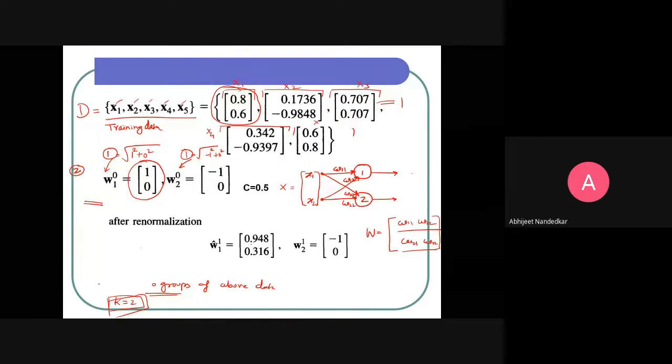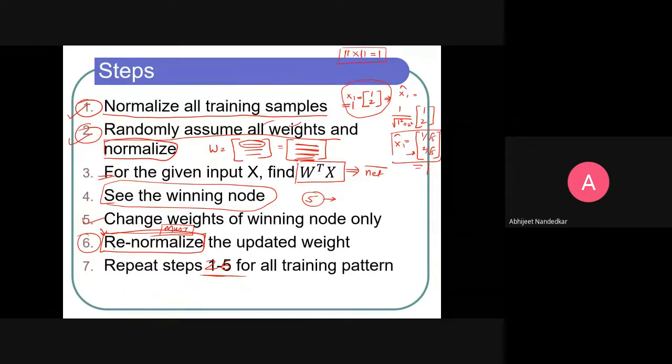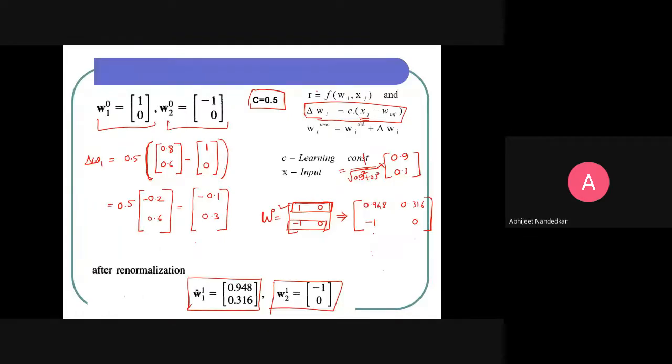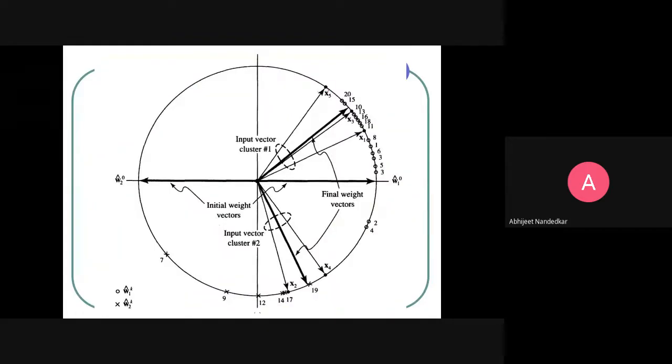Now what is next? We have reached this step. Then we will do the updation for the second training sample. So we take this and repeat the whole procedure.